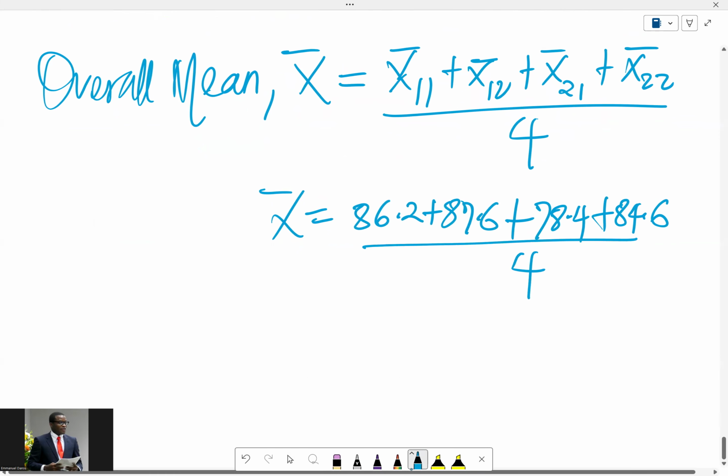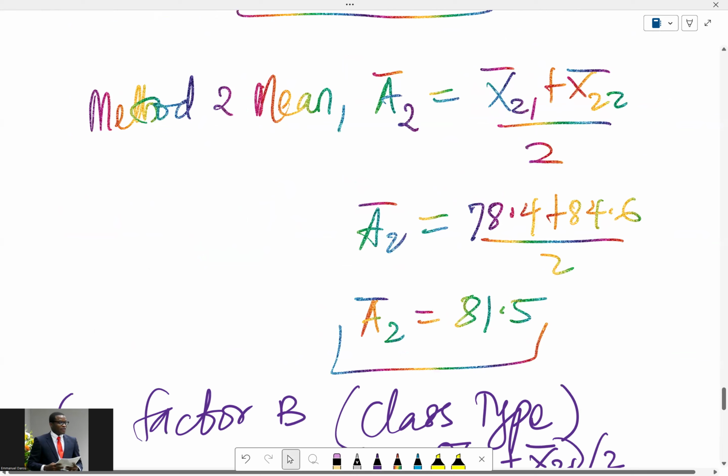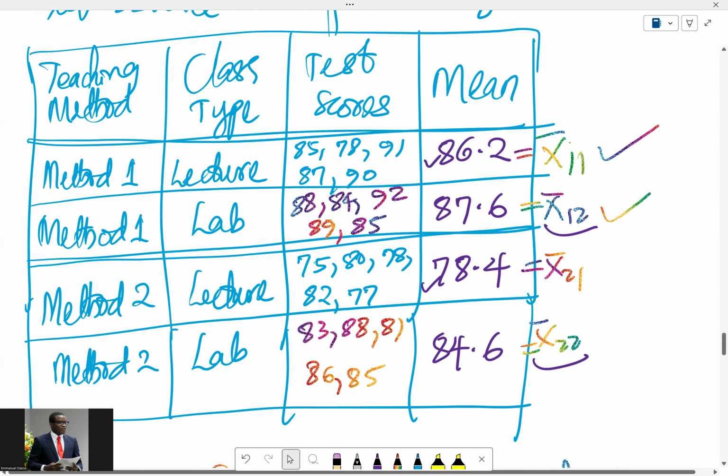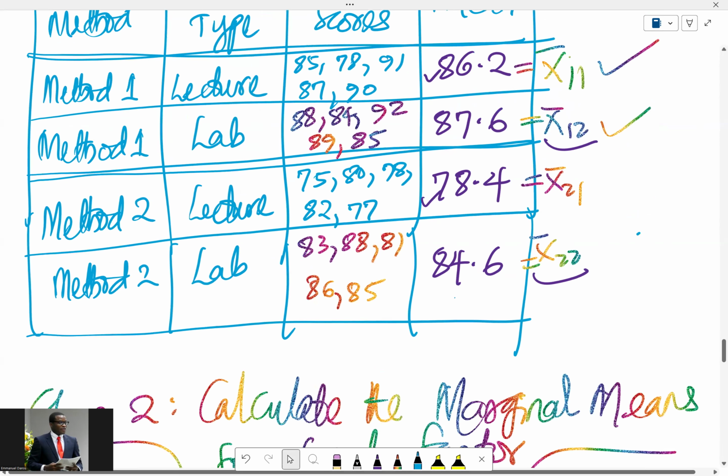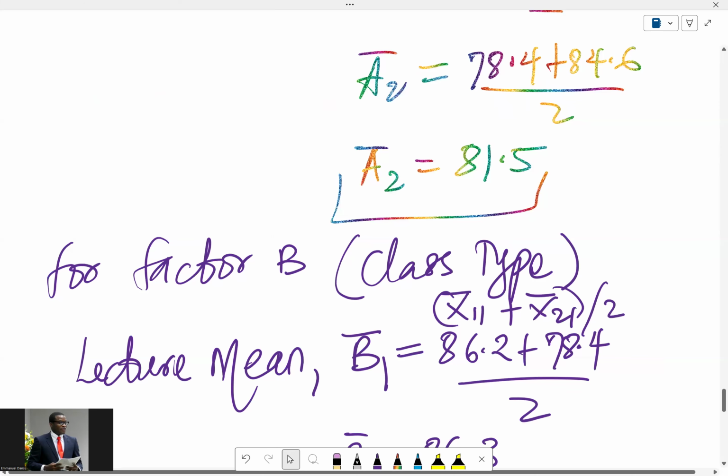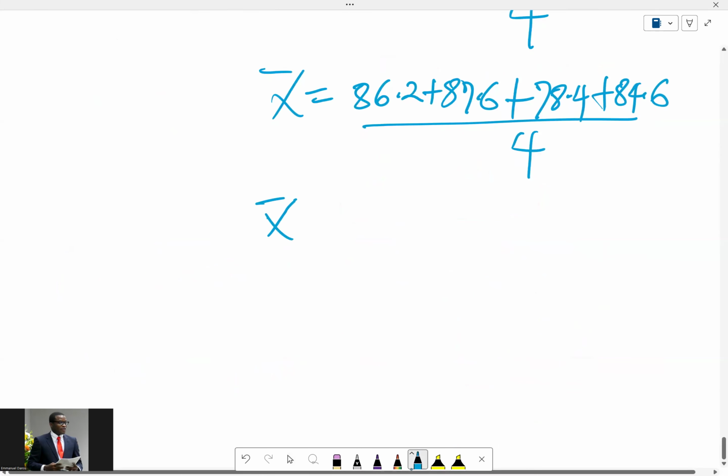The alternative is to add up each of these 20 numbers and divide by 20. So 85 plus 78 plus 91, and so on, down to 85, and you divide by 20. But the easier way, since these are the averages of those four groups already, is to add up the averages and divide by 4, and you should still get the same result.